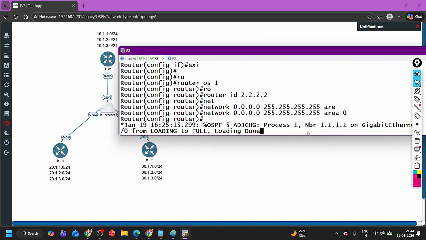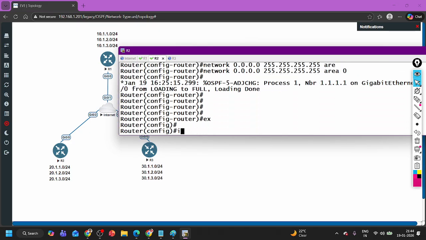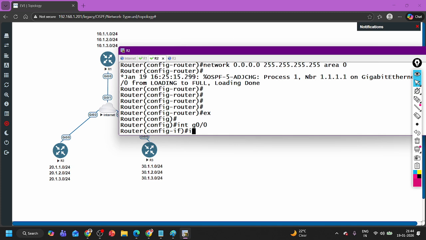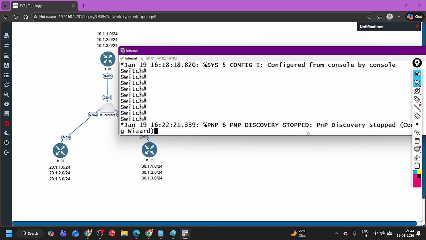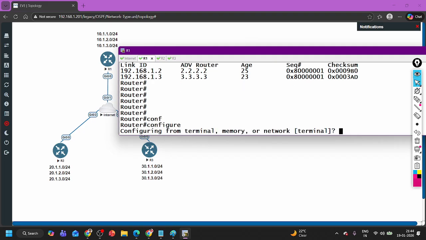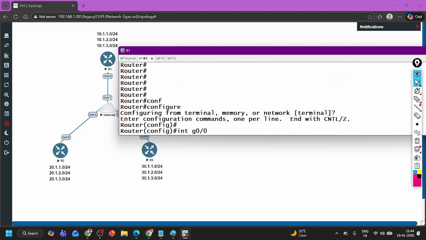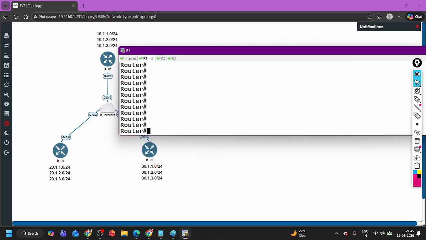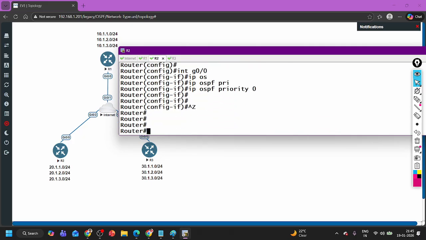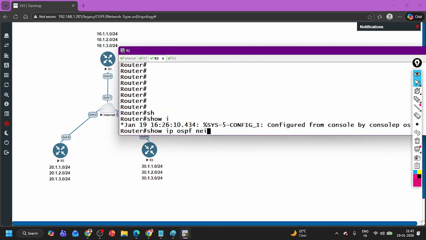Let me do one thing here on router number 2 and router number 1: interface G0/0, IP OSPF priority 0, and on router number 1 also config t, interface G0/0, IP OSPF priority 0. See on router number 2, show IP OSPF neighbor.